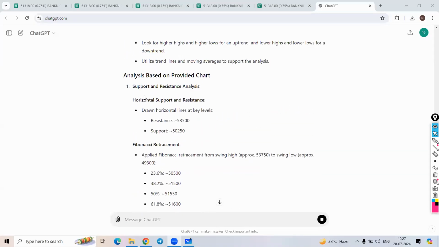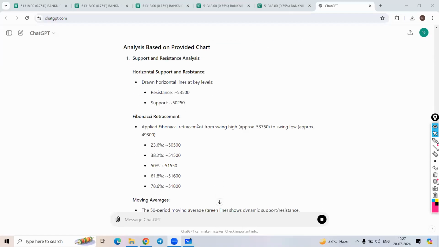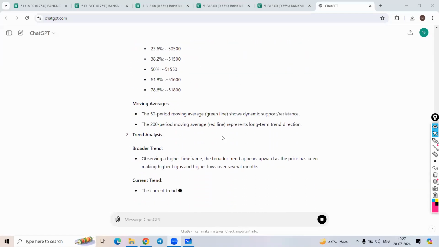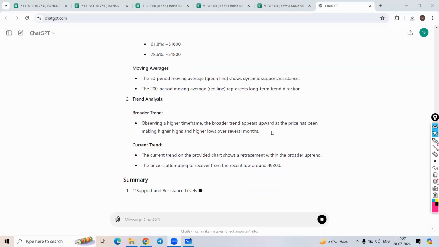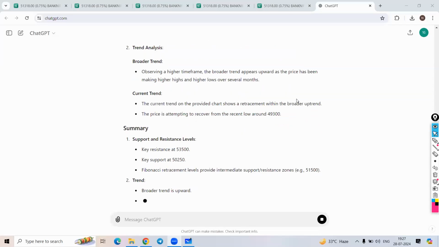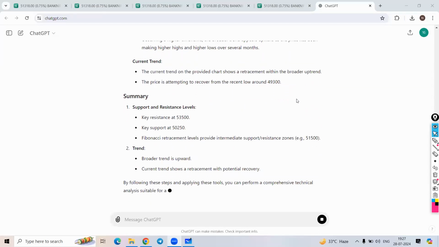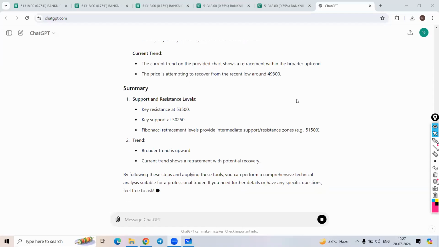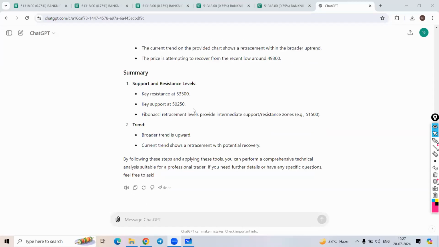So horizontal support resistance, it has shown me two levels. Fibonacci retracement, moving average, trend line, a broader trend. So it's giving me a summary. Okay, the work is done. Now can I go to the chart?